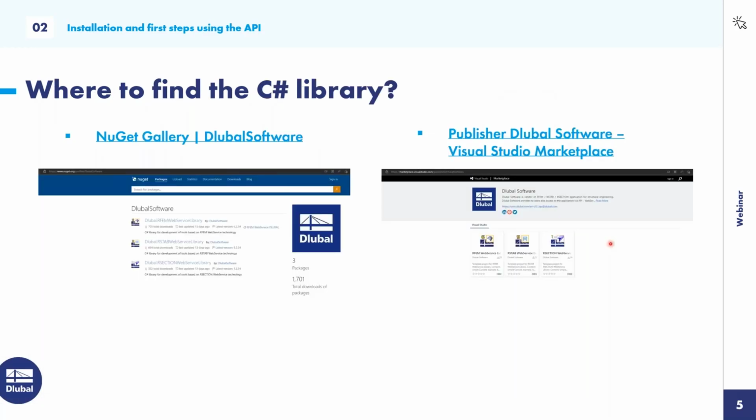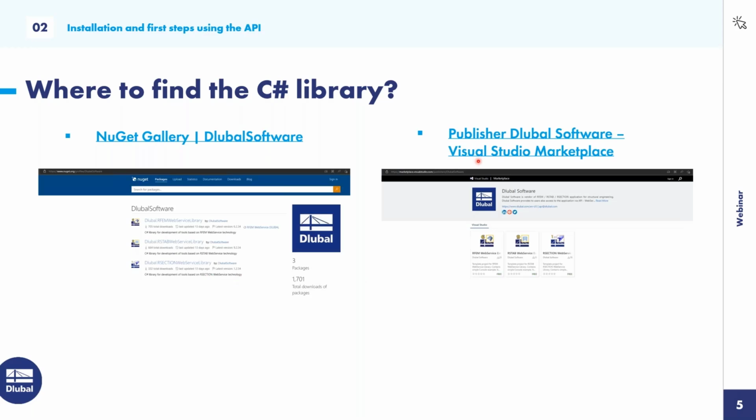Here there are two links which lead to the places where we published our library, and also an extension for Visual Studio that you can download and install to easily start with your development. The first one is the NuGet package gallery, where you can easily download our libraries and use them in the code.